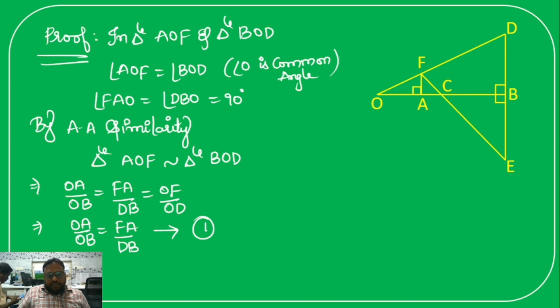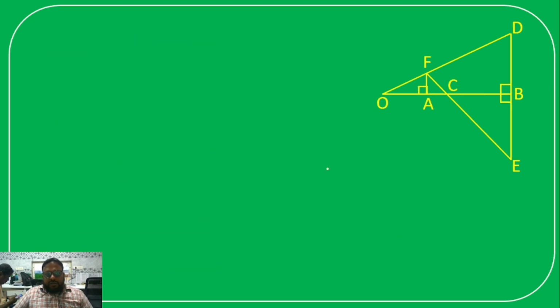In triangle FAC and triangle EBC, angle FCA is equal to angle ECB.